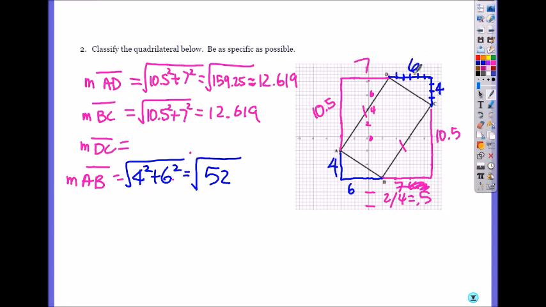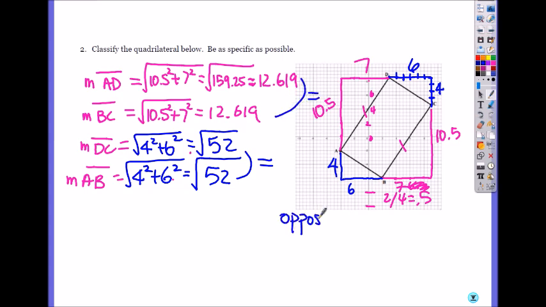Right? Each unit is 0.5. 2 units are 1. So it is the same thing. Square root of 4 squared plus 6 squared equals square root of 52. So these two are equal. These two are equal. So we know opposite sides are congruent.